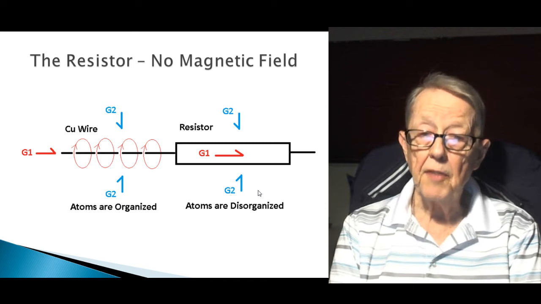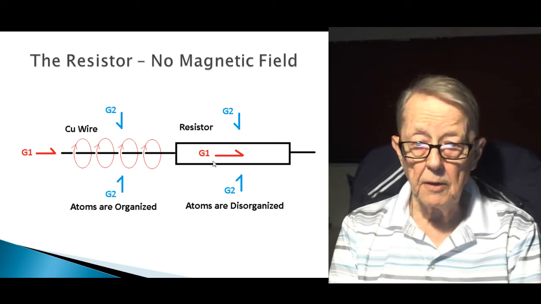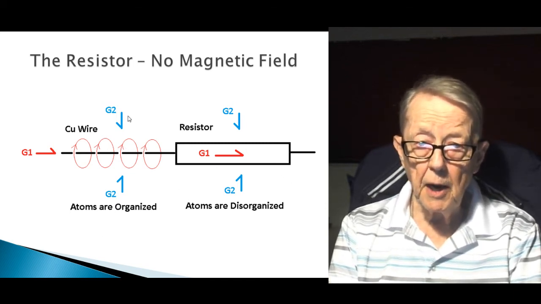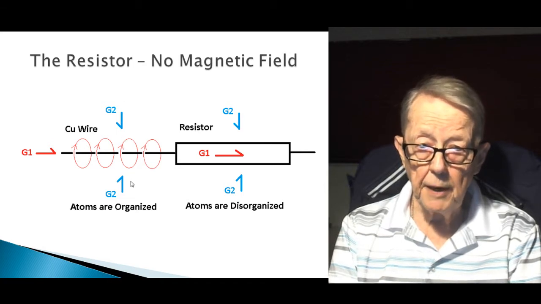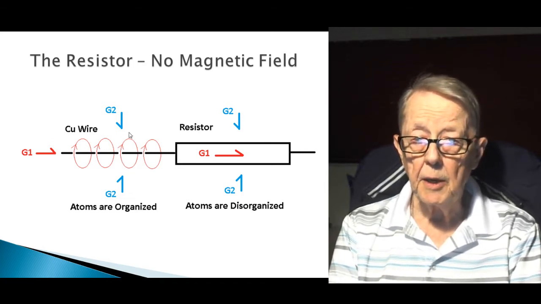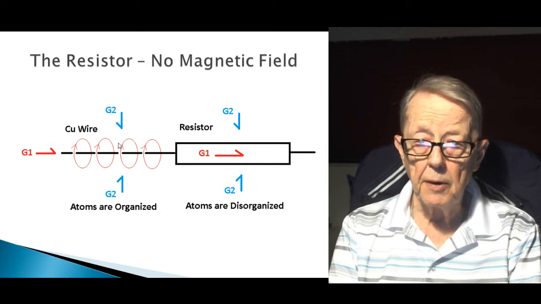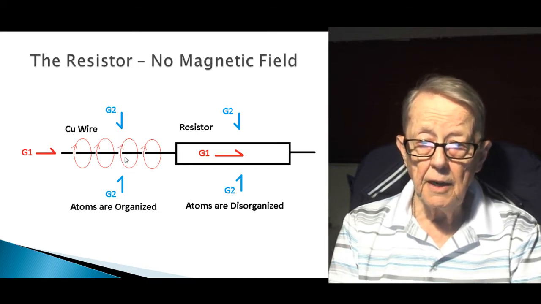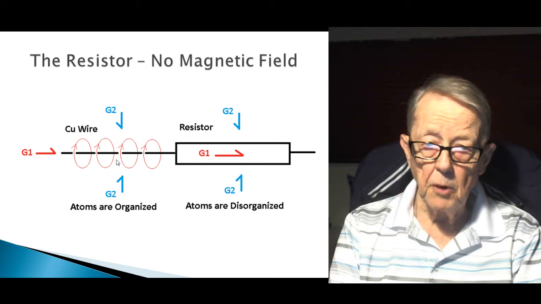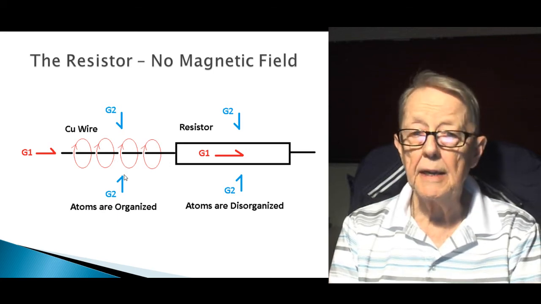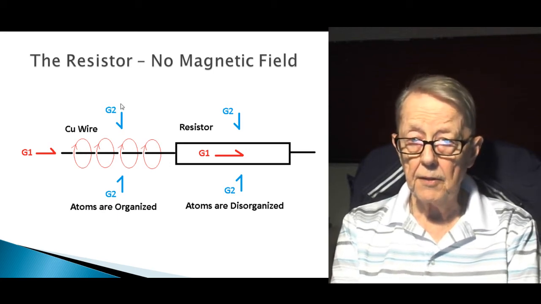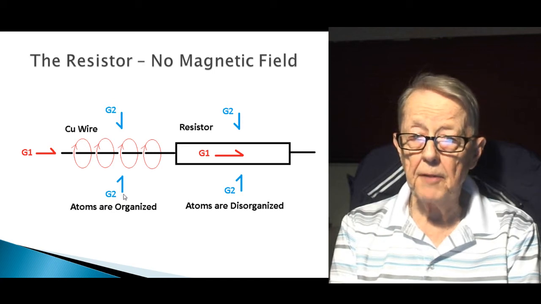And because of that, as the particles pass through the copper this way and these particles pass the other way, they set up force differentials. There's more particles pushing on this side, and then there's more particles pushing on that side. And that helps build this magnetic field.